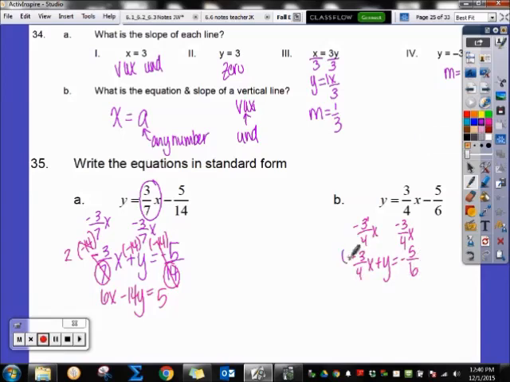So I'm going to multiply through by a negative 12 to get rid of that negative in front. So if I cross reduce, the negatives cancel, and then 4 will go into 12. 3 times 3x is 9x minus 12y equals 10.